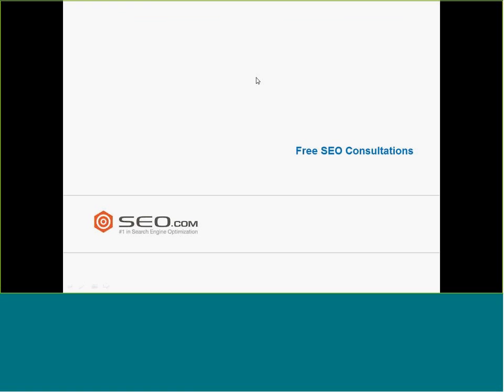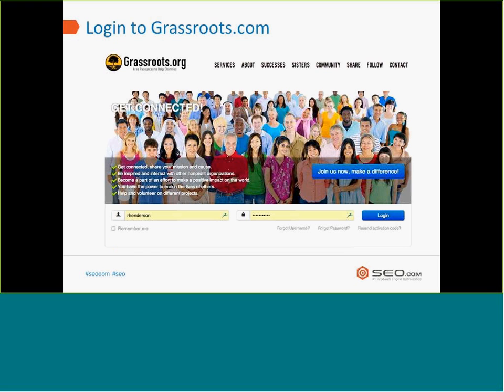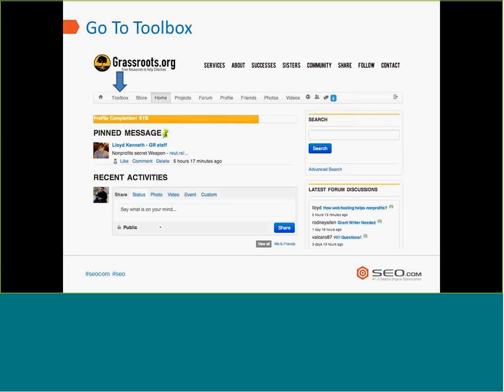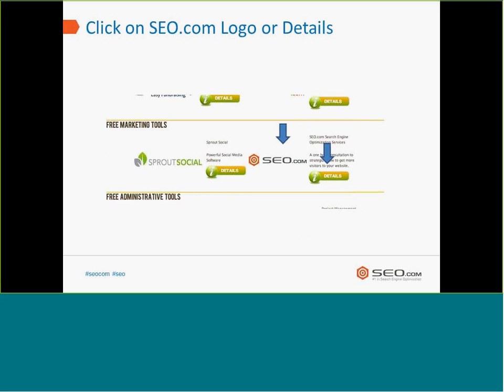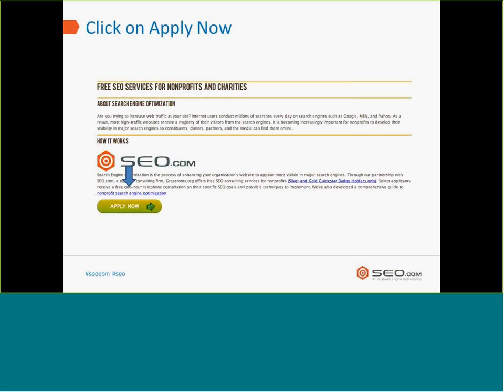Let me walk through the process of what goes on and how you get this. All you do is log in. Once you log in, scroll almost all the way down to the bottom of the page, and you'll see free marketing tools. Click on either one of those areas to go to this page.